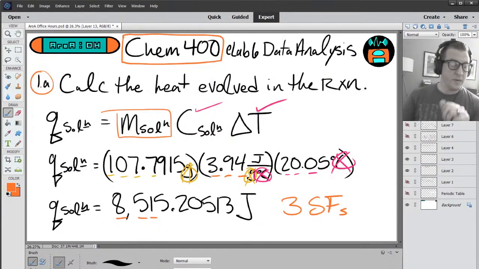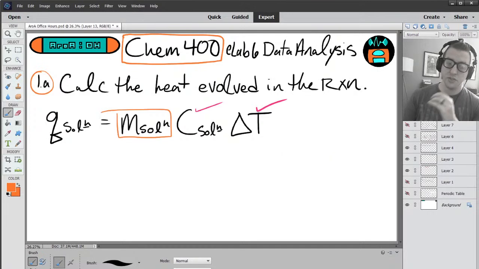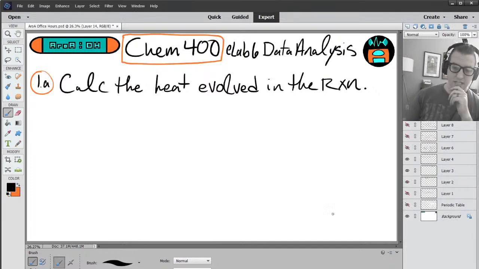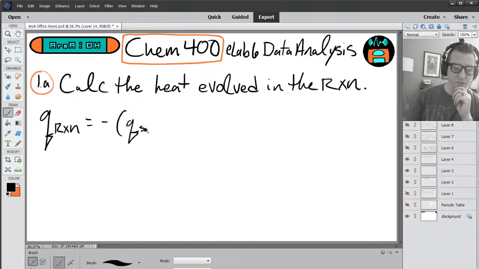All right, now that we know the heat absorbed by our solution, and we know the heat absorbed by the calorimeter, we can add them together to find the heat released by the reaction. Remember, Q of the reaction is equal to -1 times Q of the solution plus Q of the calorimeter.